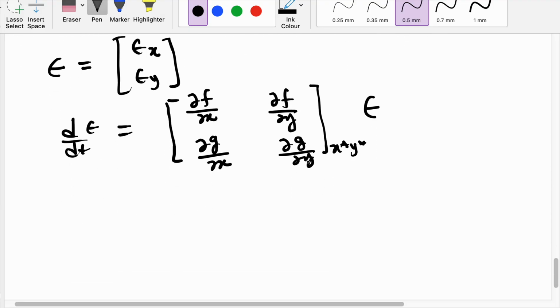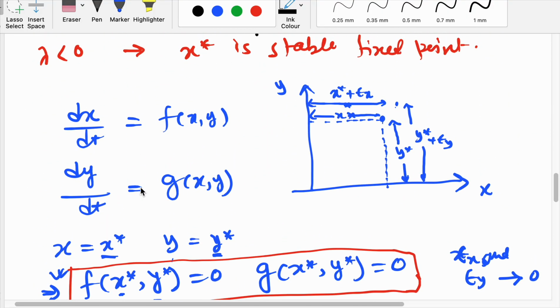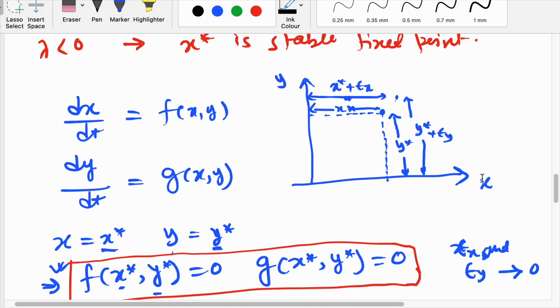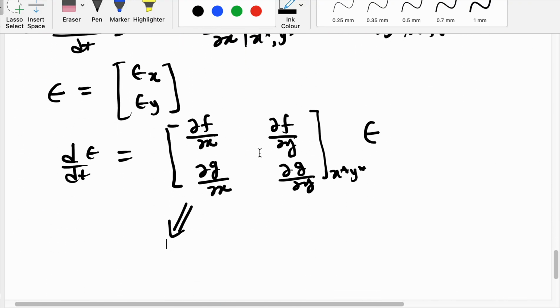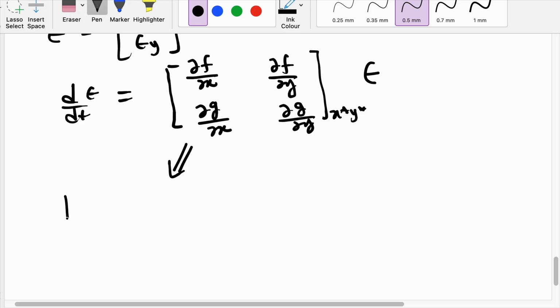Now if I diagonalize this matrix, it means I will transform my space in such a way that the matrix becomes diagonalized. Suppose the transformed variables are epsilon x tilde and epsilon y tilde.